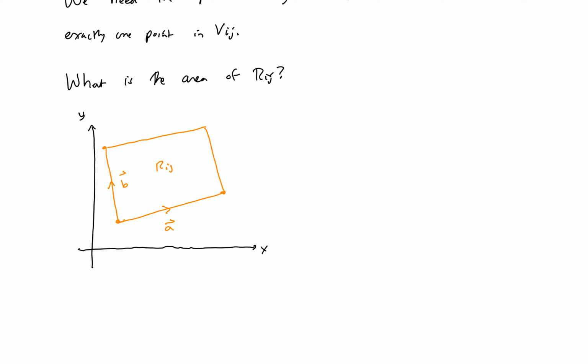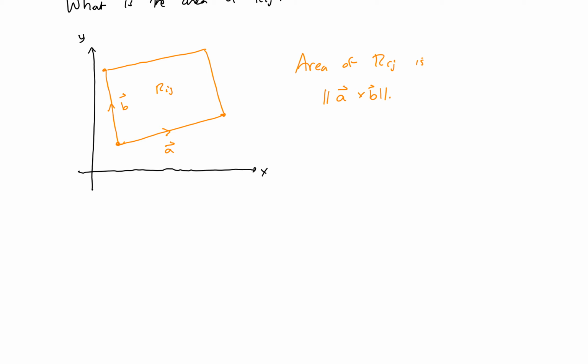If I do that, we can recall from our cross product that the area of Rij is the magnitude of A cross B. So now we just want to figure out how to calculate that. Remember, we know what these points are.